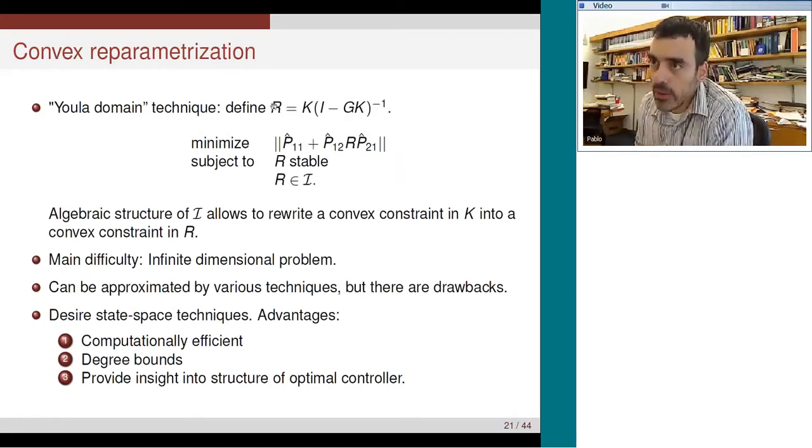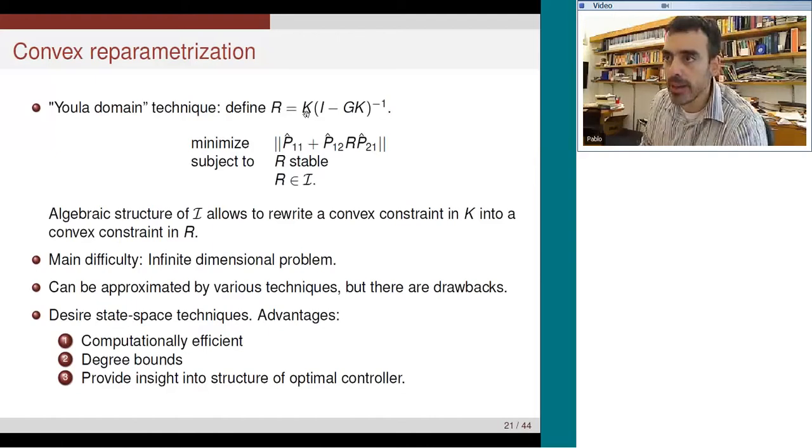In particular, in the case we were talking about here, if G is in the incidence algebra, and I'm looking for a controller in the incidence algebra, remember I told you that products of matrices were preserved in the algebra. If I add the identity, this should also be in the algebra. If I invert the matrix, this should also be in the algebra. And if I multiply it by K, again, this should also be in the algebra.